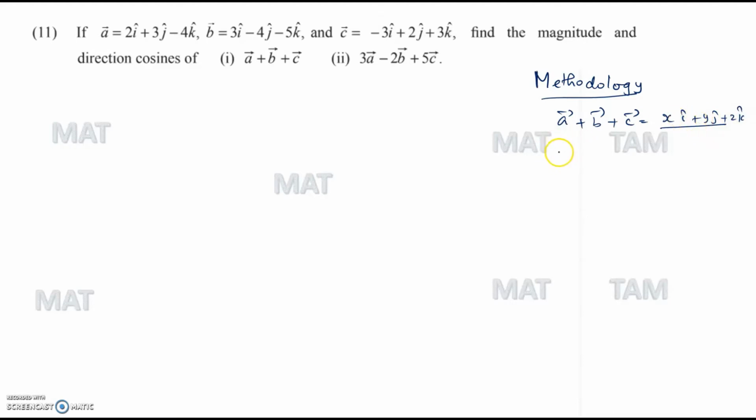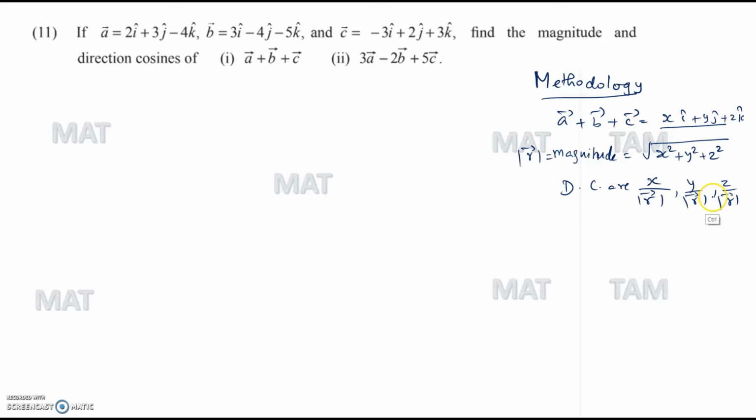Then the magnitude is equal to square root of x squared plus y squared plus z squared, and the direction cosines are, if let's say this is the resultant vector r, then that's the magnitude. Then your direction cosines are x by magnitude of r, comma y by magnitude of r, and z by magnitude of r. So it's very simple.